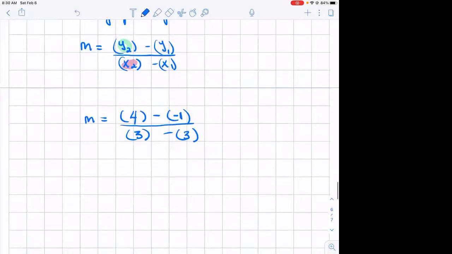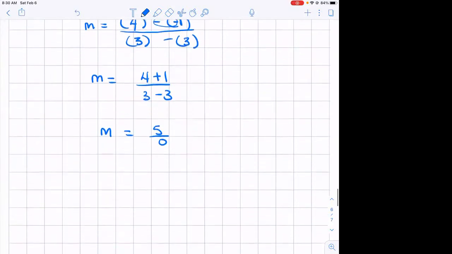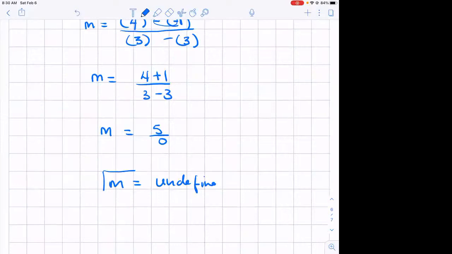So here we have m is equal to, these two negatives become positive, 4 plus 1 over 3 minus 3, and that is equal to 5 over 0. And we know that anything over 0 is what we call undefined.